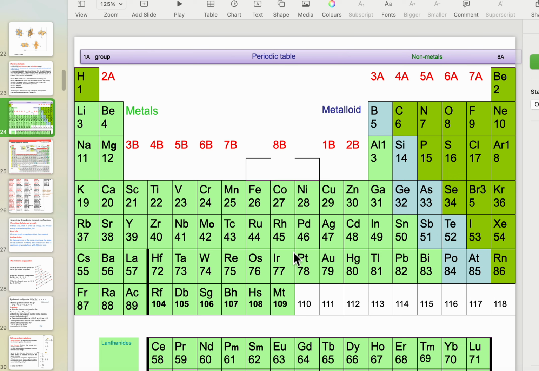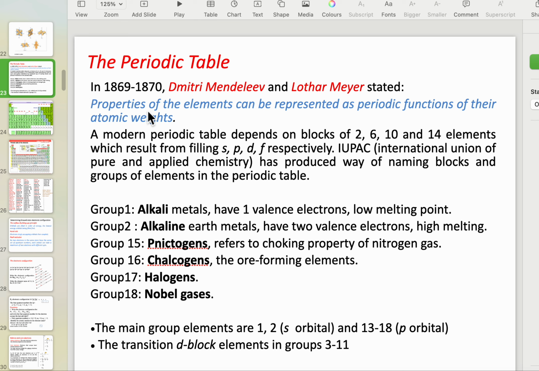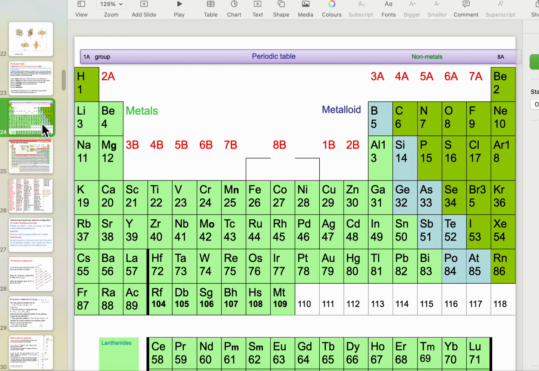The table is not like the Mendeleev table, where, as we said, Dmitry Mendeleev arranged elements by their atomic weights or masses, but this one is by atomic number, the number of electrons.